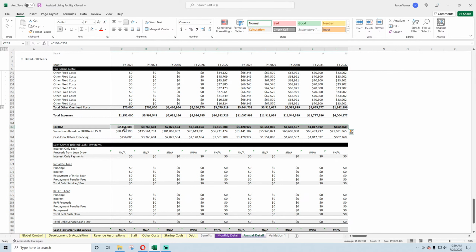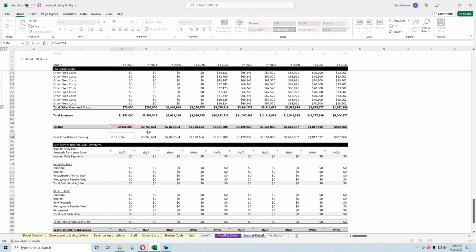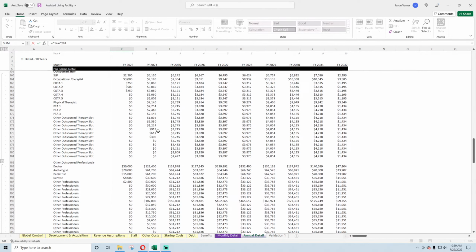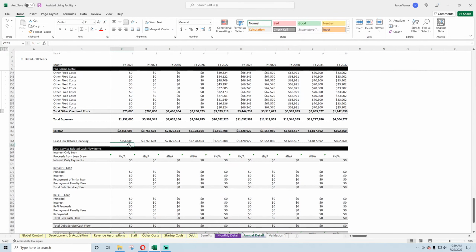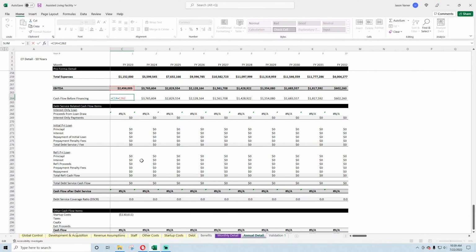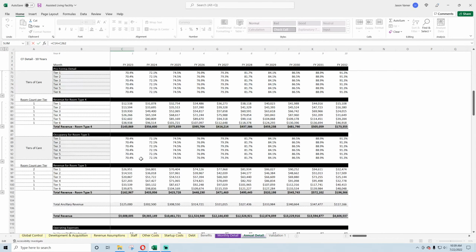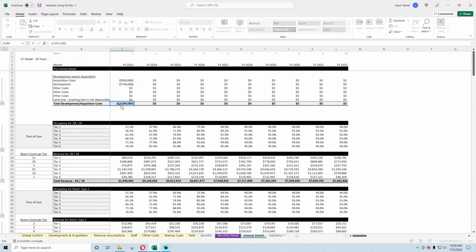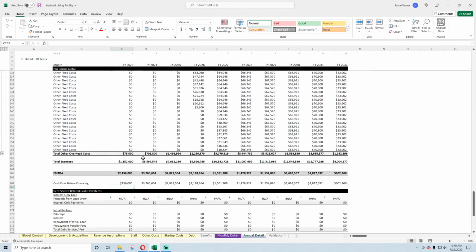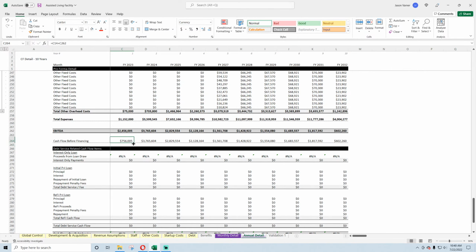Let's come down here further. So valuation here. We do not need this row at all. What is going on here? 262 plus 14. What's in 14? Development acquisition. I think this is okay here as it is.